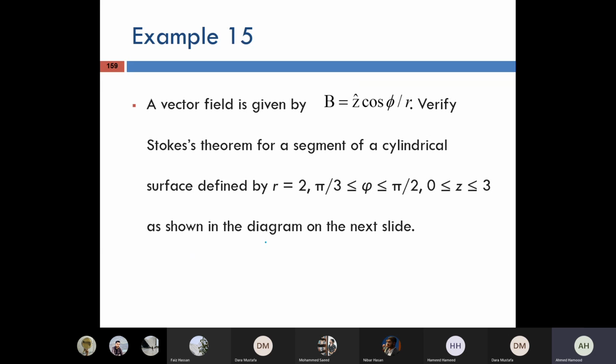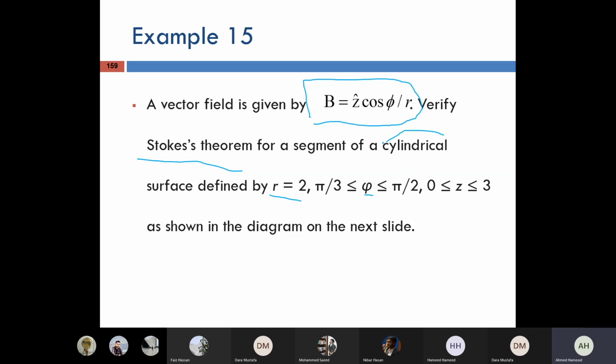Let's say this example. A vector field is given here, we have B equal to the equation here, right? And we need to use the Stokes theorem to verify, meaning prove. We have the surface r equal to 2, and the angle phi between pi divided by 3 and less than pi divided by 2, and z greater than 0 and less than 3.